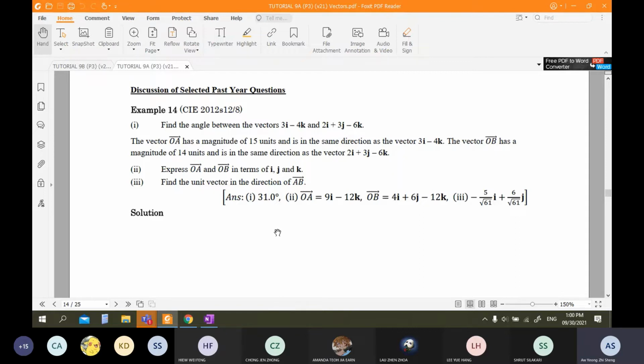So later, example 14 until example 17, I might skip some question parts and leave it for you to do on your own. And some parts that I regard as simple, I will just skip and leave it for you to practice on your own, because we are actually rushing to complete the syllabus.